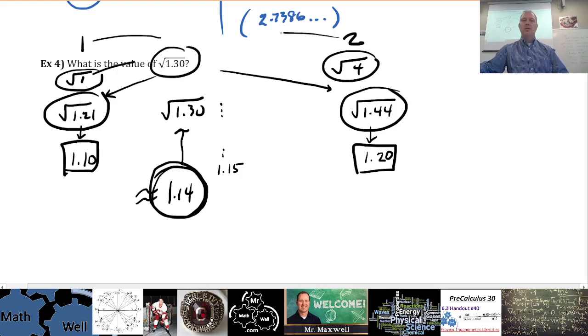You would just have to guess a number in between there, and you might say something like 1.2 or 1.1. Here you can get to 1.14 pretty easily. This one, your guess would be a little less precise, therefore a little less accurate.